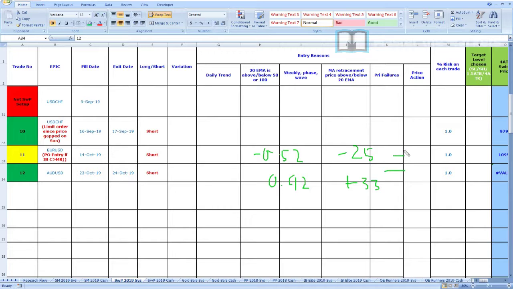So overall, we got 0.40% up and 8 pips up. That is what we got on these strategies. All right, 0.40% up and 8 pips up.